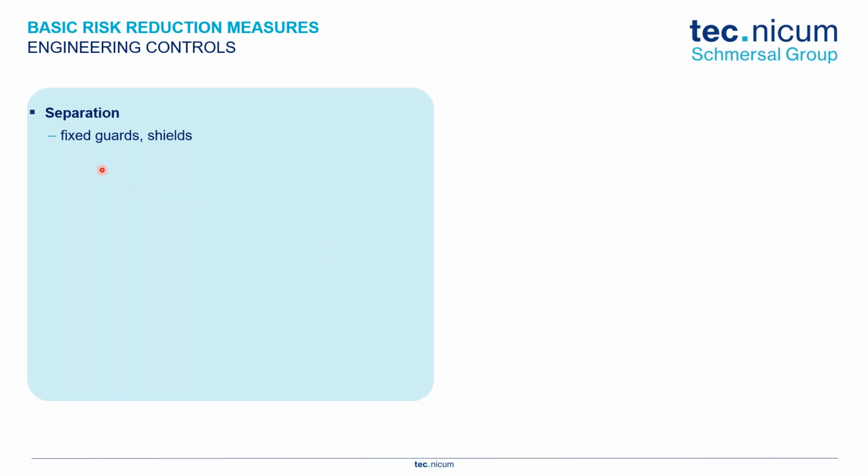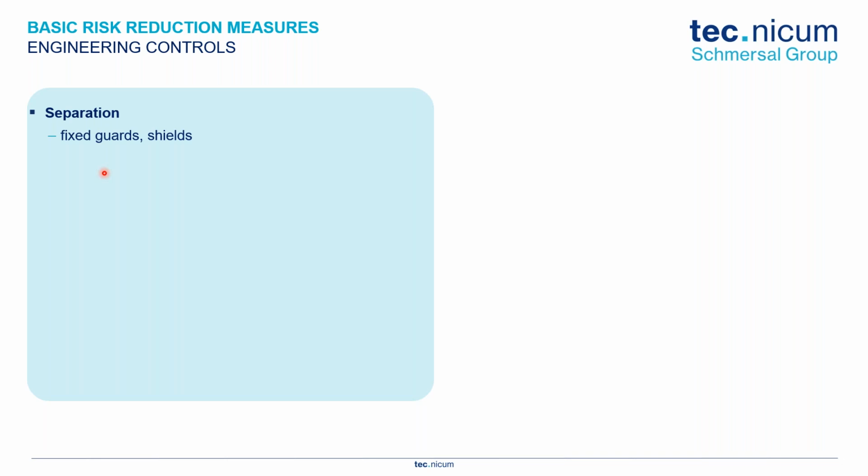So the first thing is, let's see if we can add some guarding, right? So whether it's fixed guards or shields. This is an engineering control. And I always say, when I do the training, start off with this. Because if you start off with using fixed guards and shields and hard guards, we're not tying into any safety systems.